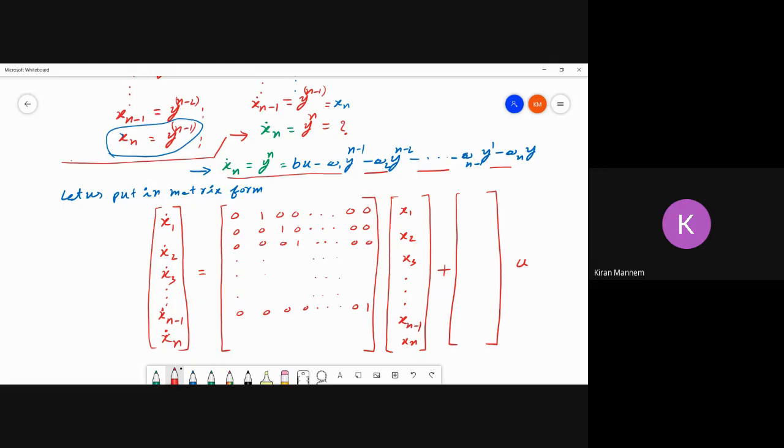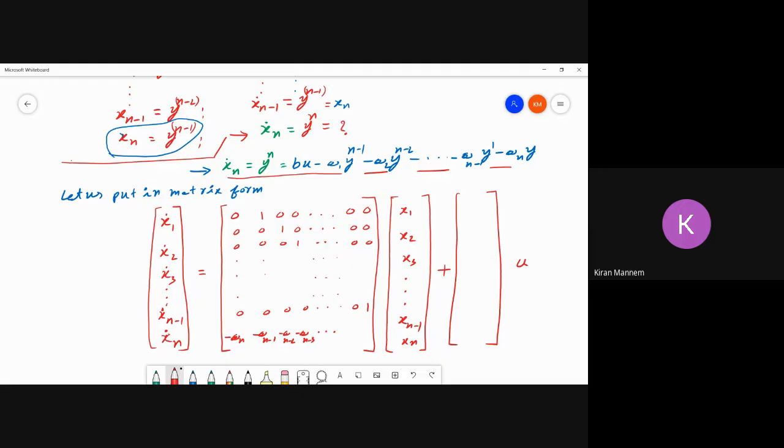Now I can write this as minus an, right? Minus an minus 1, minus an minus 2, minus an minus 3 till a2, a1, right? See this. What is y here?